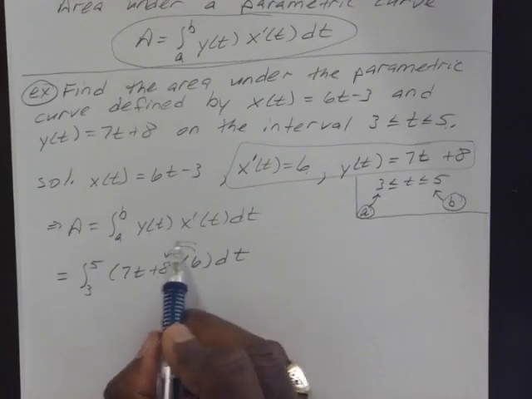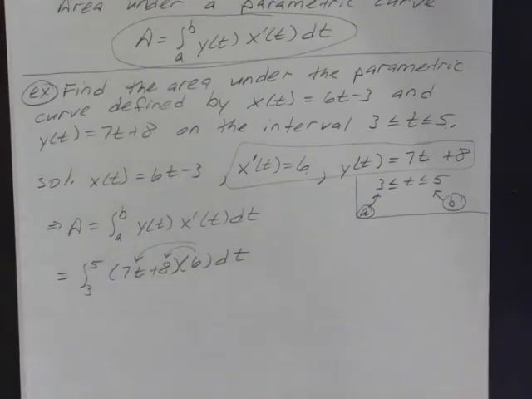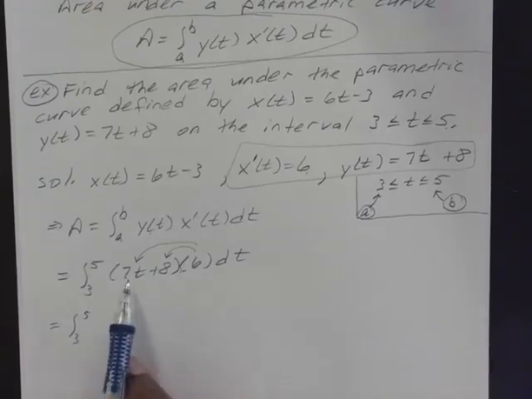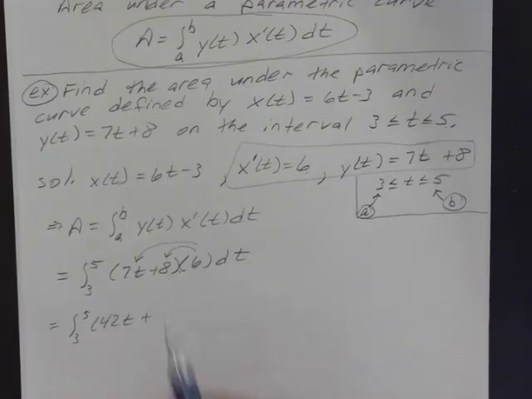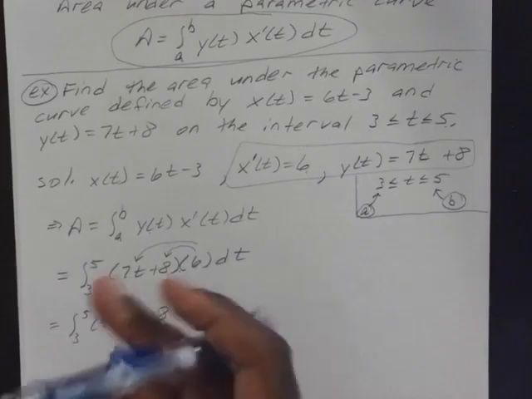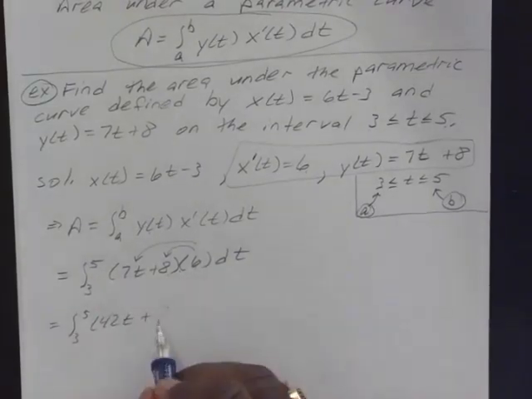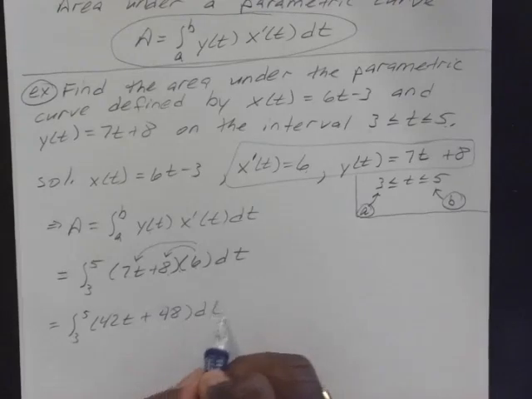Just personal preference on that one. So that's the integral from 3 to 5 of 6 times 7t, which is 42t, plus 6 times 8, which is 48, with respect to t.